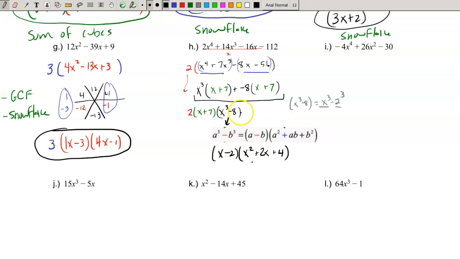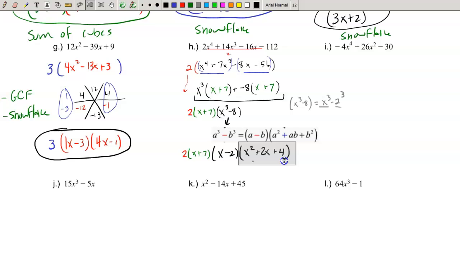The x cubed minus 8 now factors to this guy right here. And we already have the 2 and x plus 7 that was already done with the factoring, so we're going to bring that down. And then I would look at this right here, this is kind of a long factoring problem. We'd say, hey, can you factor this?